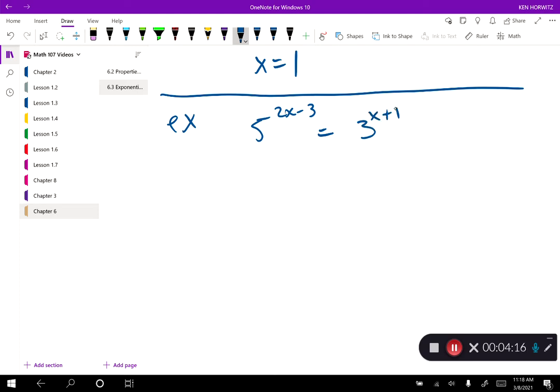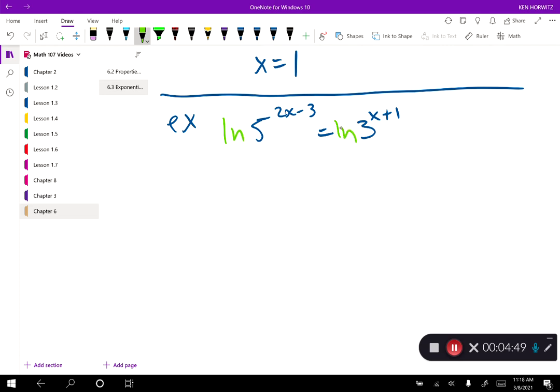Now it's pretty apparent that I can't rewrite 5 to be in some base 3, and I can't rewrite 3 to have a base of 5. So we have unlike bases here. So we have to get our variables out of the exponent. How are we going to do that? Well, we're going to do that by taking the natural log of both sides.